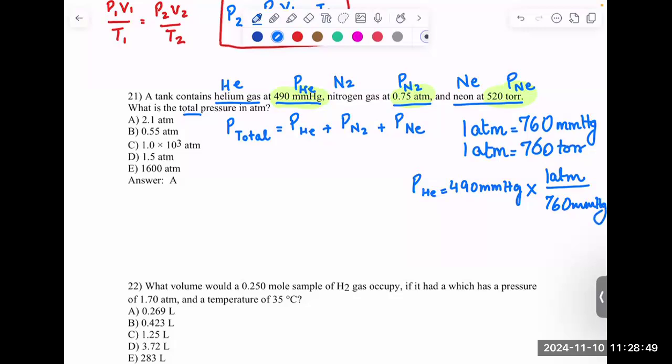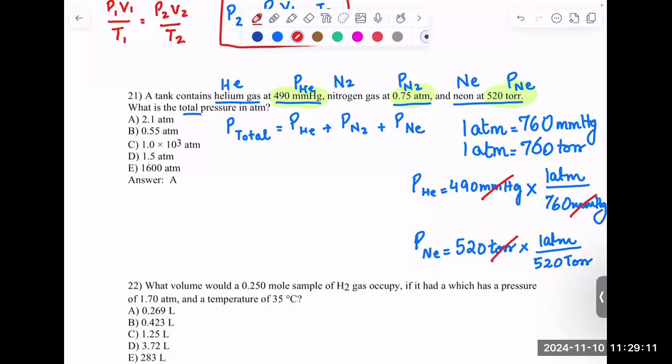Show all these conversions. Next is neon. The partial pressure of neon is 520 torr times 1 atm over 760 torr. Here millimeters of mercury cancel out, torr cancel out.